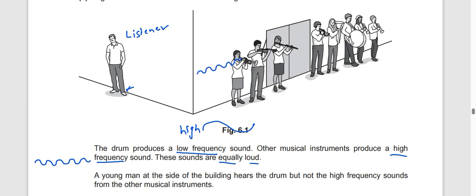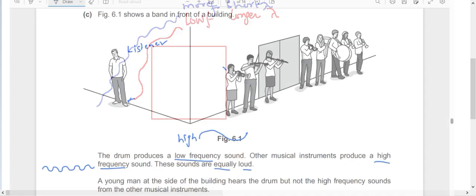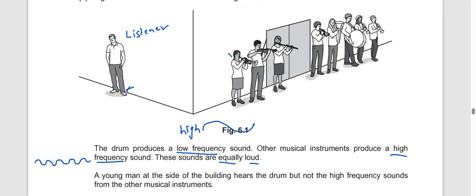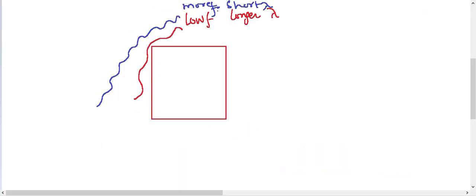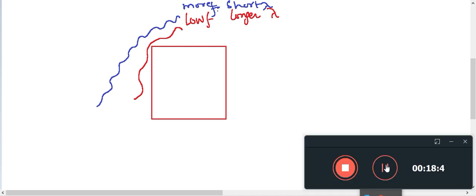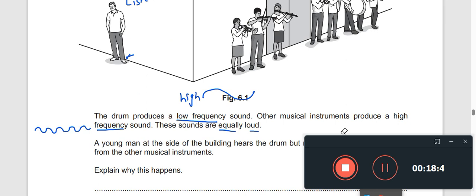So what will happen, when the wave is diffracted from the corner, it will be diffracted less, right?